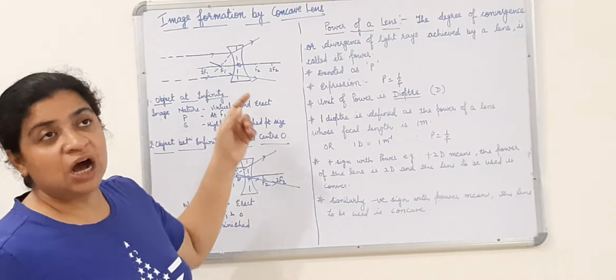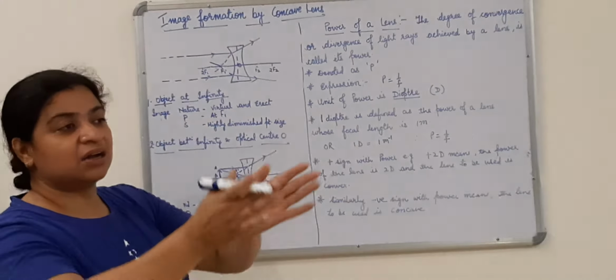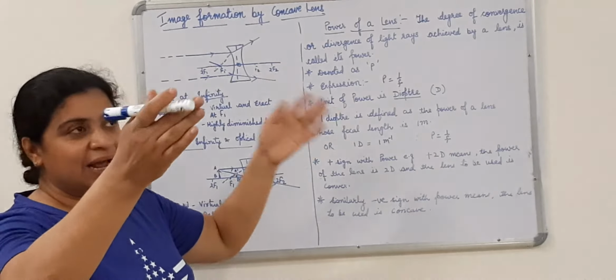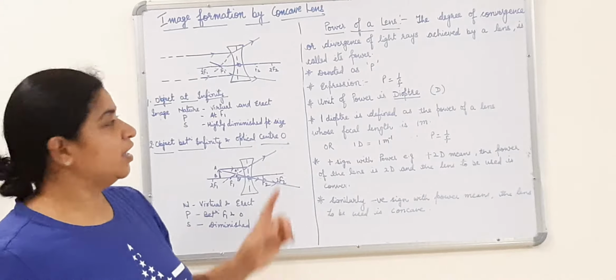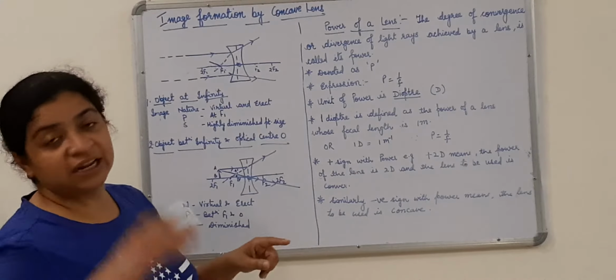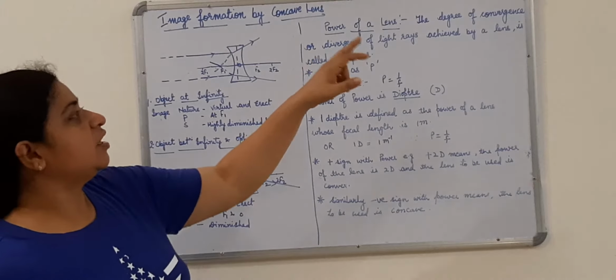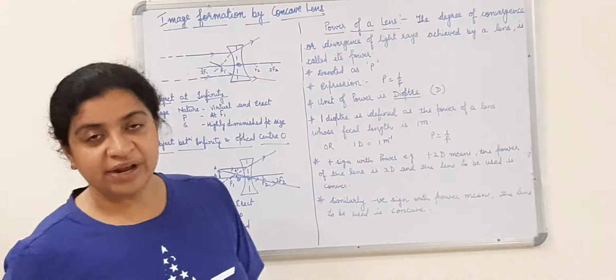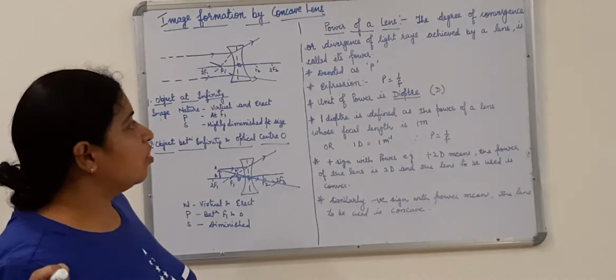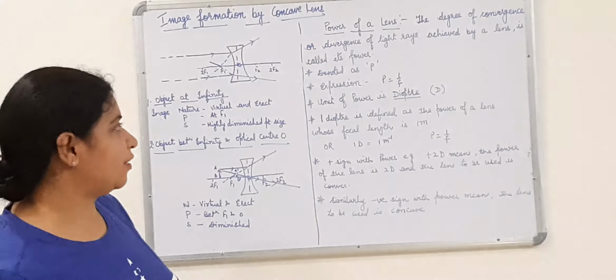Degree means how much the light rays are diverging, and in the case of a convex lens, how much the light rays are converging. In this case they are diverging, and in the case of a convex lens, they will converge.